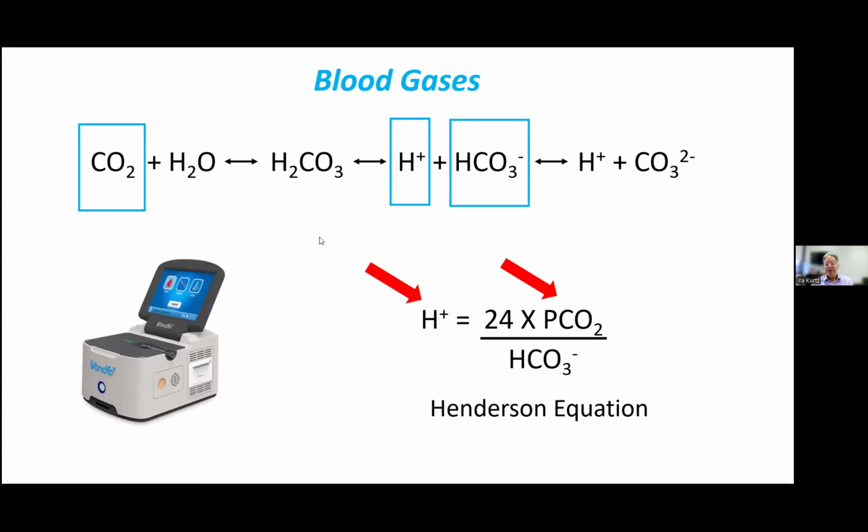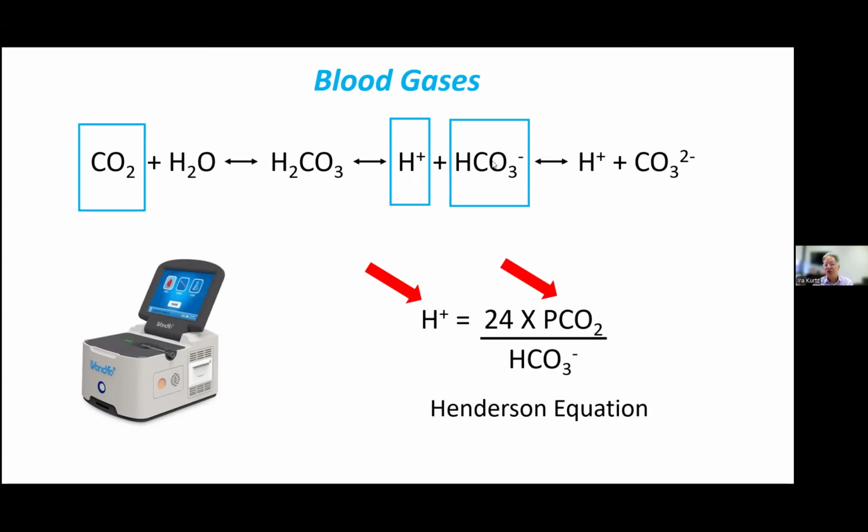Now, in addition to getting the total CO2 from the metabolic panel, we can actually measure blood gases. So the question is, what are we doing when we measure blood gases? Well, we have a machine, and the machine has two types of electrodes in it. There's an electrode that measures the PCO2, or the partial pressure of carbon dioxide in the blood. And it also measures the pH, which is the negative log of the hydrogen ion concentration.